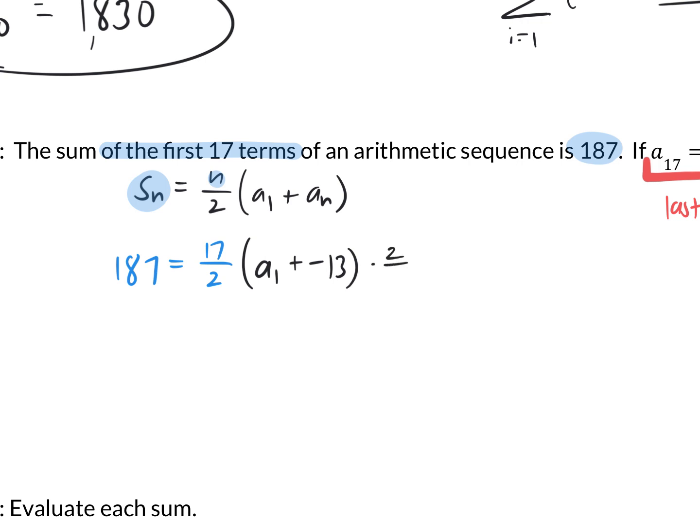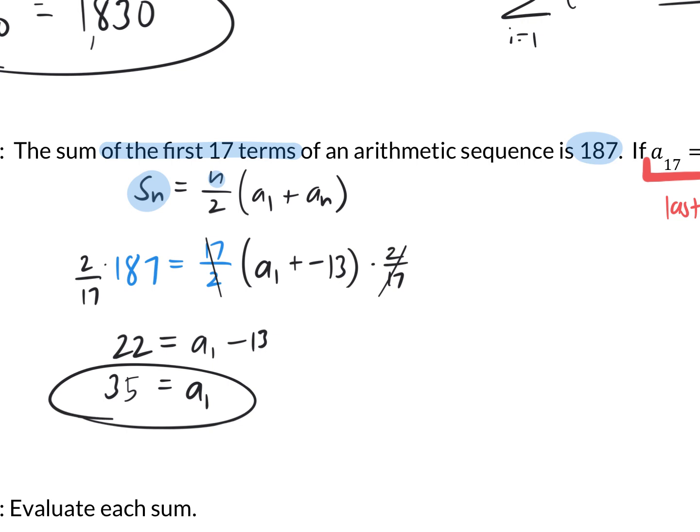So I would multiply by 2/17, or make it a decimal and divide by the decimal. But when you do that, either way, what do we get on the left-hand side? 22 is equal to a sub 1 minus 13. So solve for a sub 1, add 13 to both sides, and I get 35.